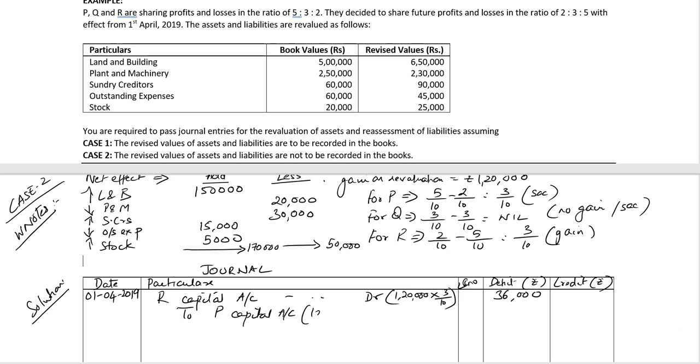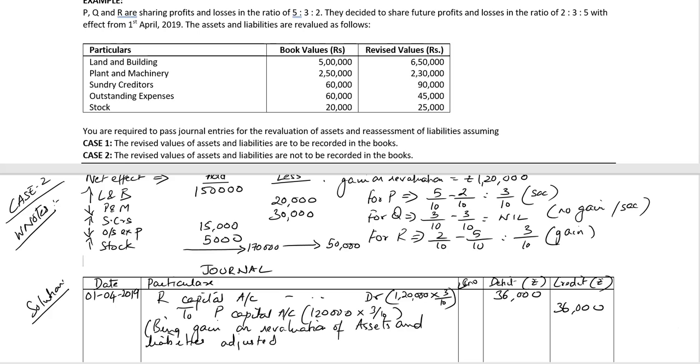And similarly for P, gain on revaluation into his sacrifice, which is 3 by 10, is 36,000 rupees, being gain on revaluation of assets and liabilities adjusted through partners' capital accounts.